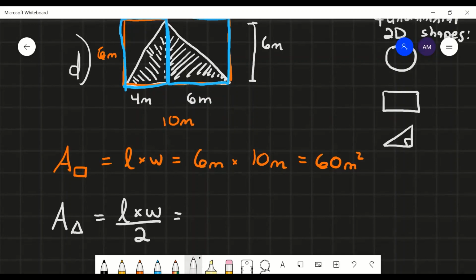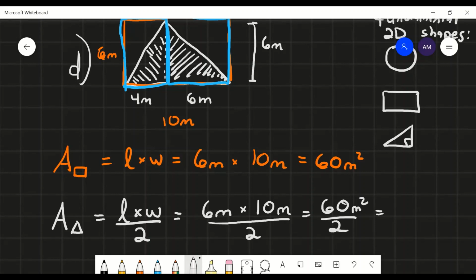In this case, 6 meters times 10 meters, all over 2. So 60 meters squared over 2, which is 30 meters squared. It's just half of the area of a rectangle of the same size.